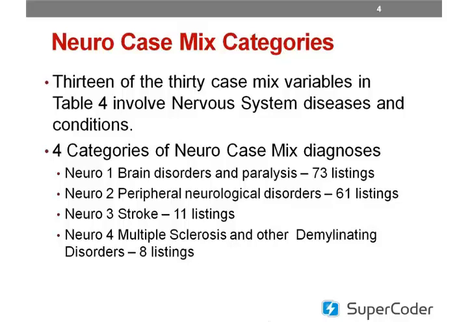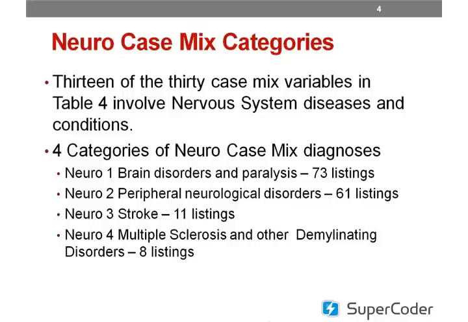So there are 30 different lines that then give us the points under early and late episodes, and also depending on the number of therapy visits. And of those lines, 13 of them actually involve the nervous system diseases and conditions. Not always Neuro 1, but a number of them. You can see at the lower half of slide 4 the 4 categories of the neuro case mix diagnoses.